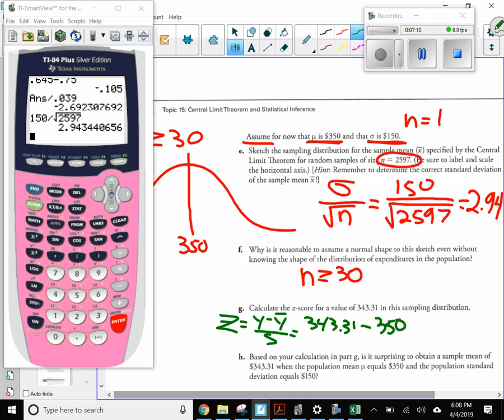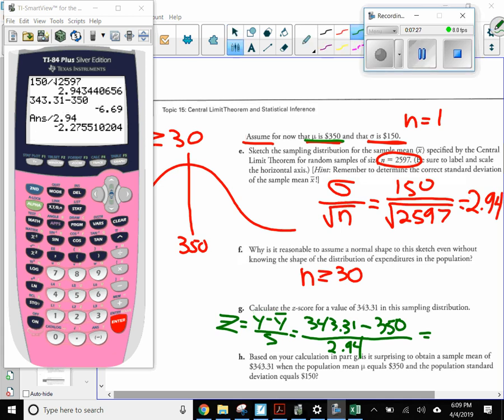That's our mean right here, that's our mu, divided by our standard deviation, 2.94. So we have a z-score of negative 2.28.